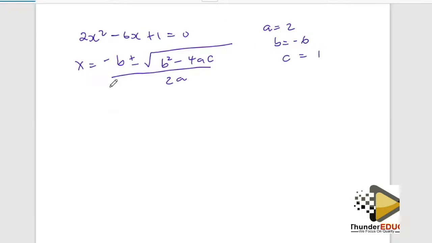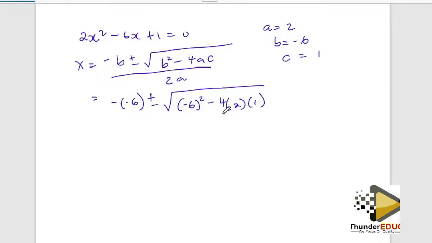And then we just substitute into the formula. So it's going to be negative, but with a negative 6, plus or minus the square root. We have negative 6 squared minus 4, our a is 2, and then our c is 1. I'm dividing this by 2 times a, so my a is a 2. Then we said we're just going to have to use one sign at a time.